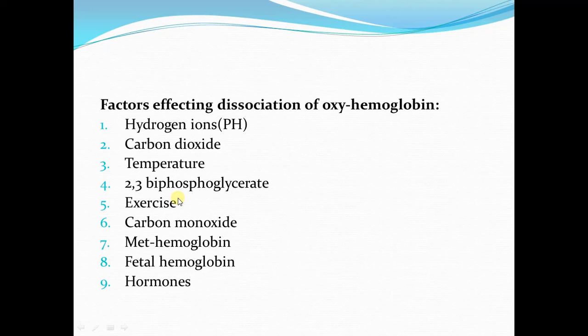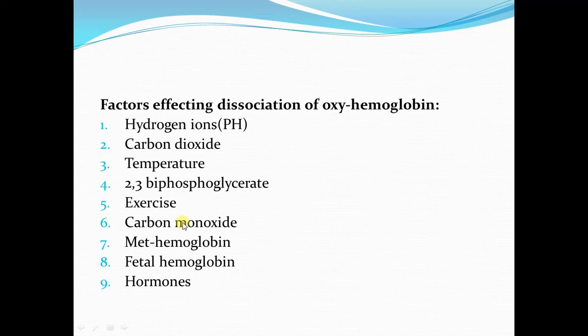The next factor that we are going to discuss is carbon monoxide. We will study in detail about carbon monoxide in the next lecture, but here you just remember that carbon monoxide is a poisonous gas which is present under abnormal conditions.